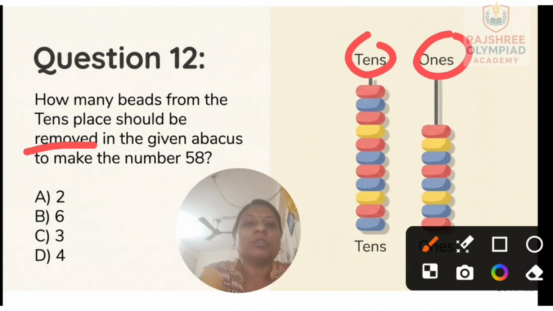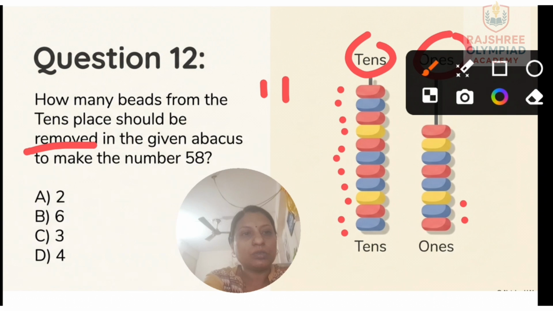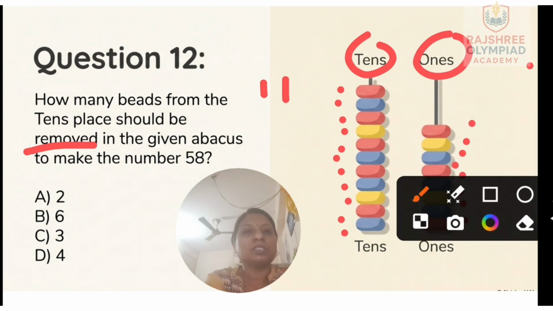First of all, we have to count all the beads. 1, 2, 3, 4, 5, 6, 7, 8, 9, 10 and 11. On the 10th place there are 11. Now we will count here: 1, 2, 3, 4, 5, 6, 7 and 8, and in the 1st place there are 8.